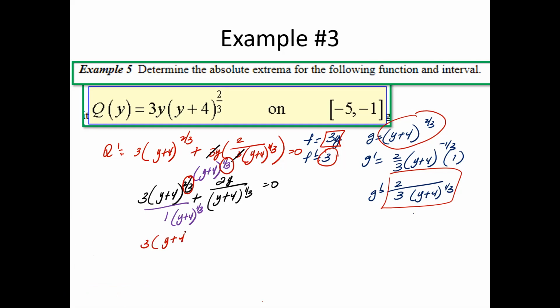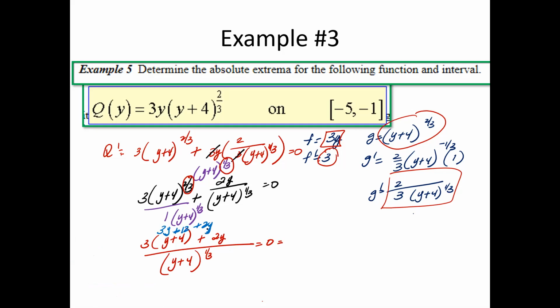So I have (y+4) to the 1 power on top over (y+4) to the 1/3 on the bottom plus 2y equals 0. And I want to go ahead and clean this up a little bit. So I have a distributive property with a 3y plus 12 plus 2y.